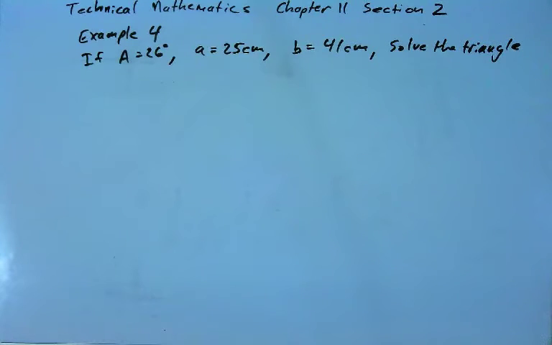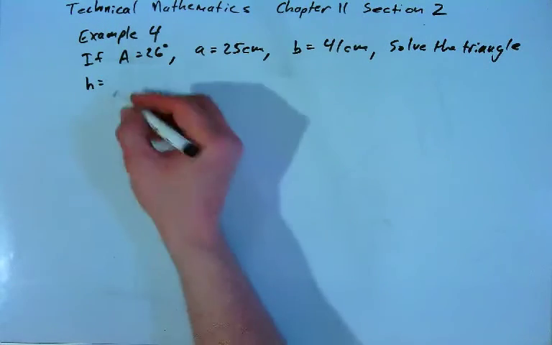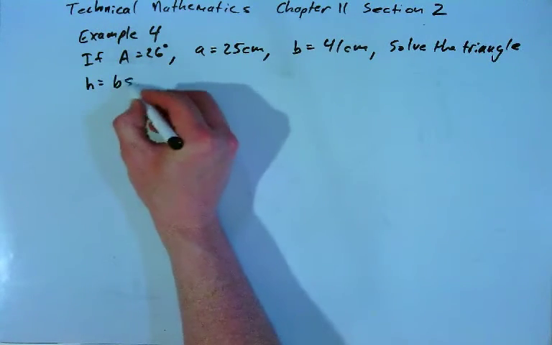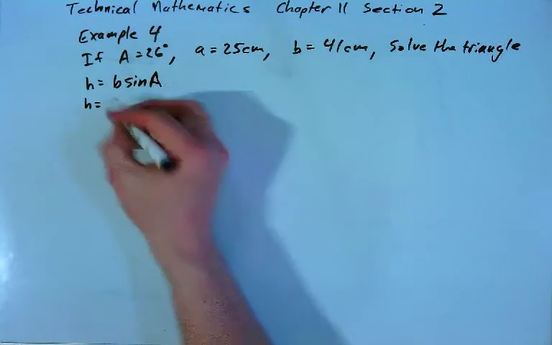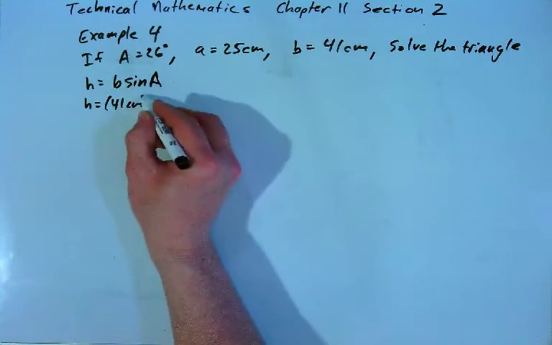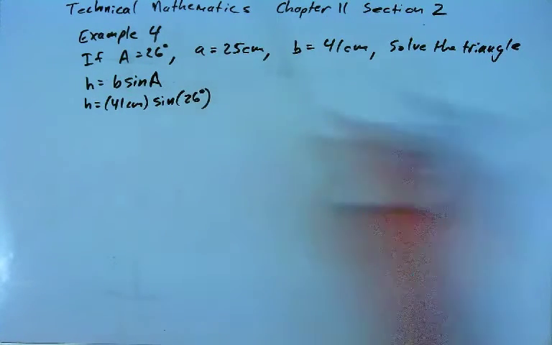This is example 4. It says if angle A equals 26 degrees, side A is 25 centimeters, and side B is 41 centimeters, solve the triangle. And so the first thing we need to do is determine how many possible solutions there will be. So remember that H will be equal to B sine A. And so H will be equal to 41 centimeters times the sine of angle A, which is 26 degrees.